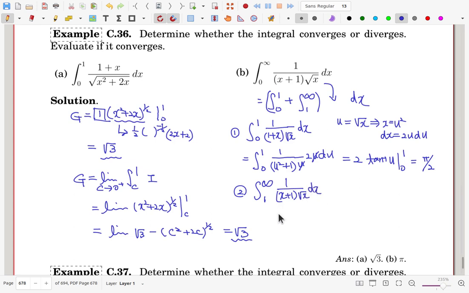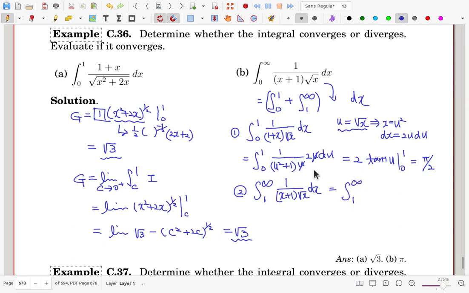Exactly the same way, you can use the change of variables. The domain is infinite, but once x is infinity, u is also infinity, so it is from 1 to infinity.